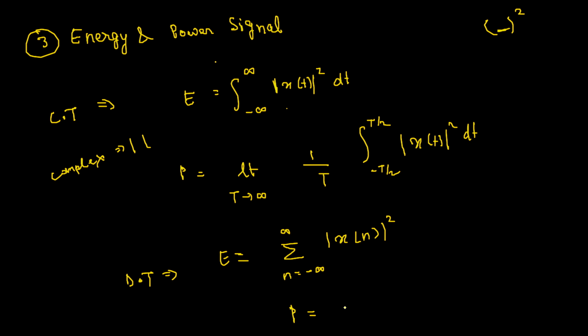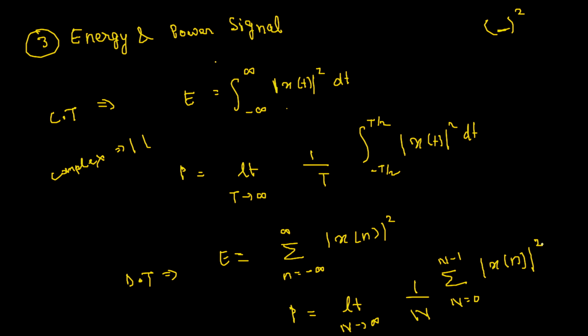And the same thing with power, where limit of n tending to infinity, 1 by n, and the summation here goes from, this is important, n equal to 0 to n minus 1 of mod of x of n whole square.